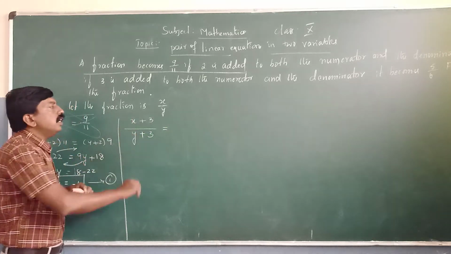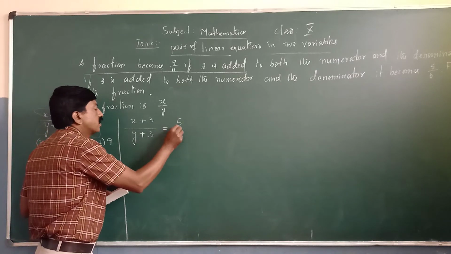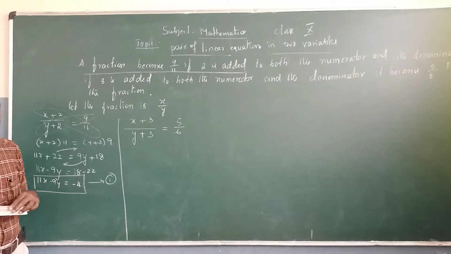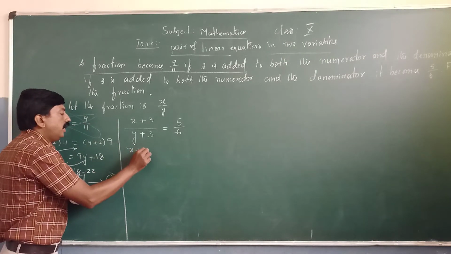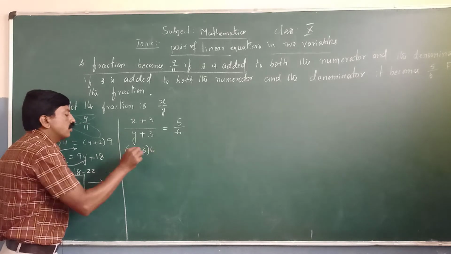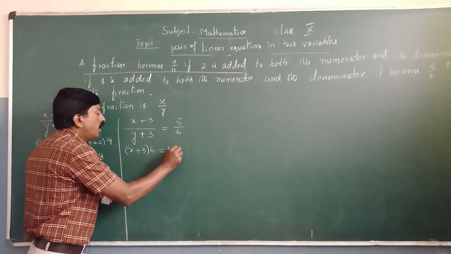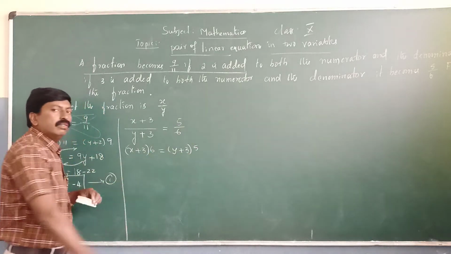That must be equal to how much? 5 by 6. Now you can cross multiply. (x plus 3) into 6 is equal to (y plus 3) into 5.